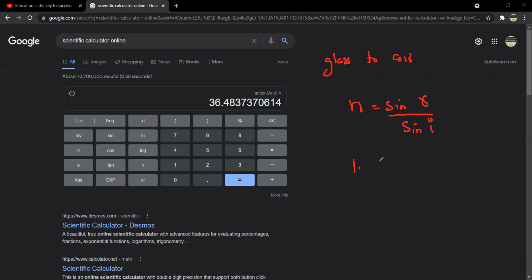So that is 1.58. Sine r we are finding, and the angle of incidence we already measured, that was 35. So sine 35, that is 0.57.